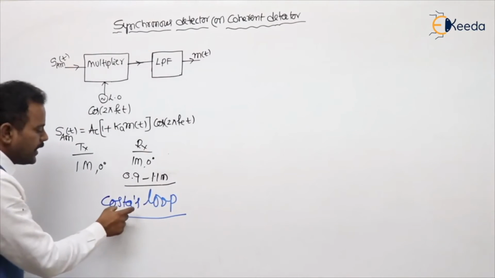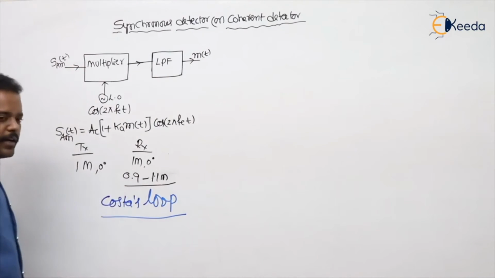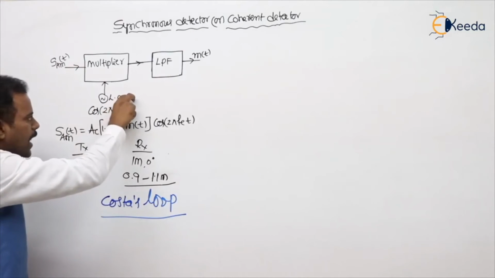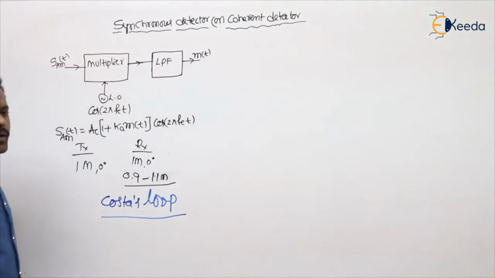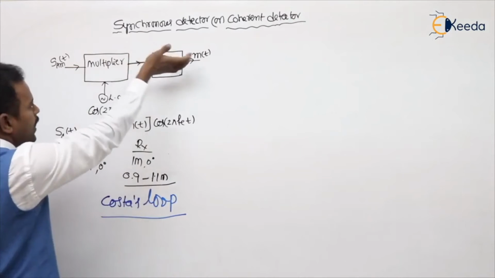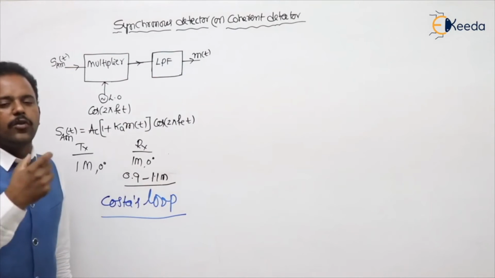What is its function? It will synchronize the local oscillator with the received carrier. Always the changes will happen in the local oscillator according to the received carrier signal. Means it makes a synchronization or a coherence between the both. Then you will get the faithful output.